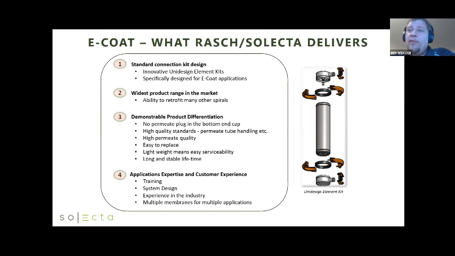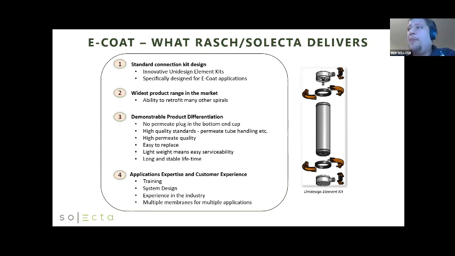But if there are other spirals that exist, we're able to retrofit many of them. When we do that, we always want to do a plant audit to make sure the operating parameters are within range. Many of the products are very similar, but we want to optimize the operating parameters for selected products, and there's product differentiation.